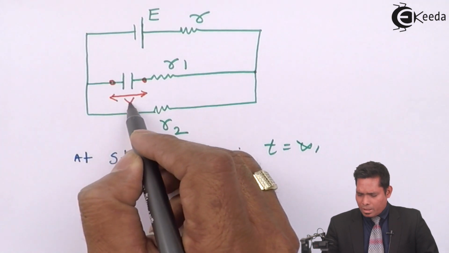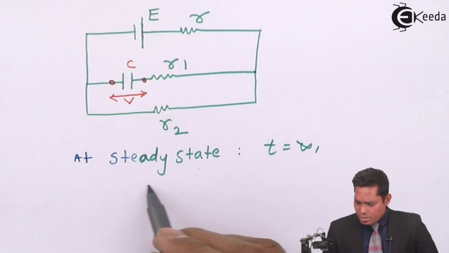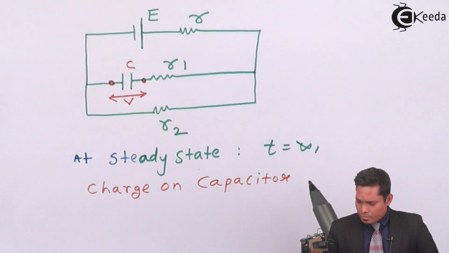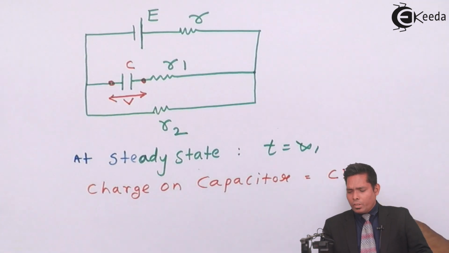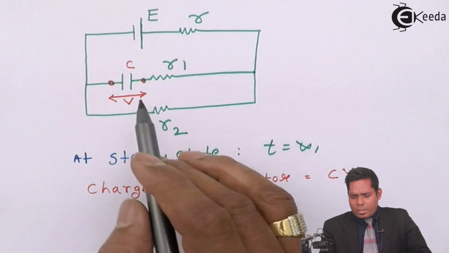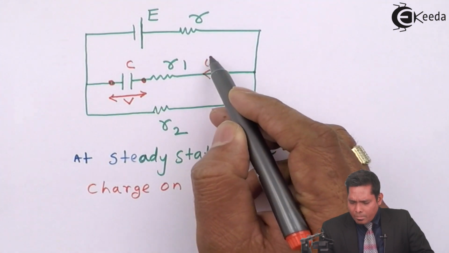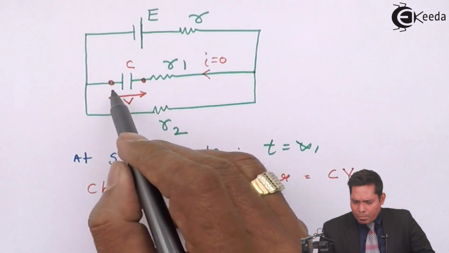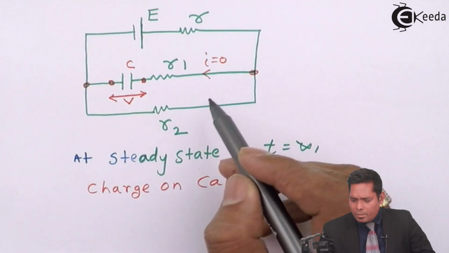Suppose the potential difference across the capacitor is V, the capacitance is C, the charge is C into V. So this is the V at time infinity. Because the current through this at that time is 0, whatever is the potential difference here, the same potential difference will be here.